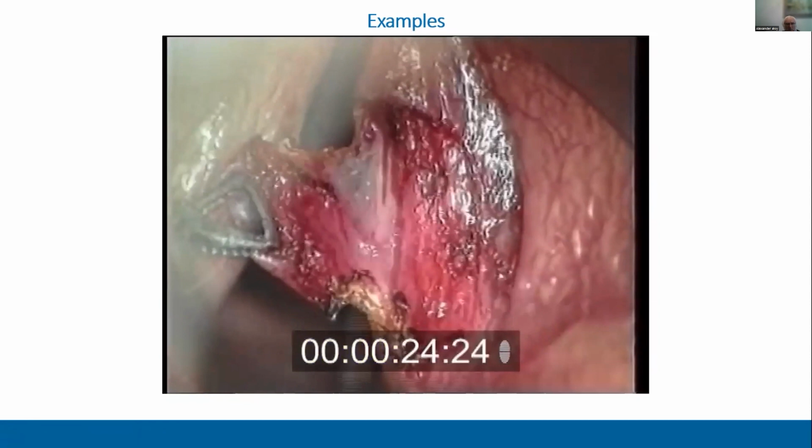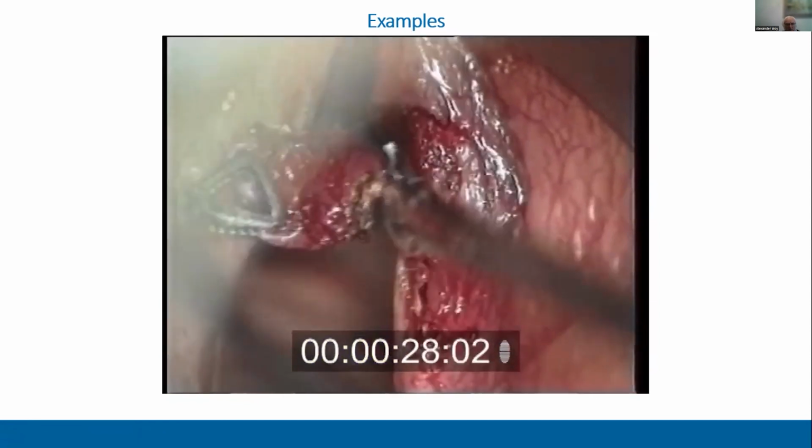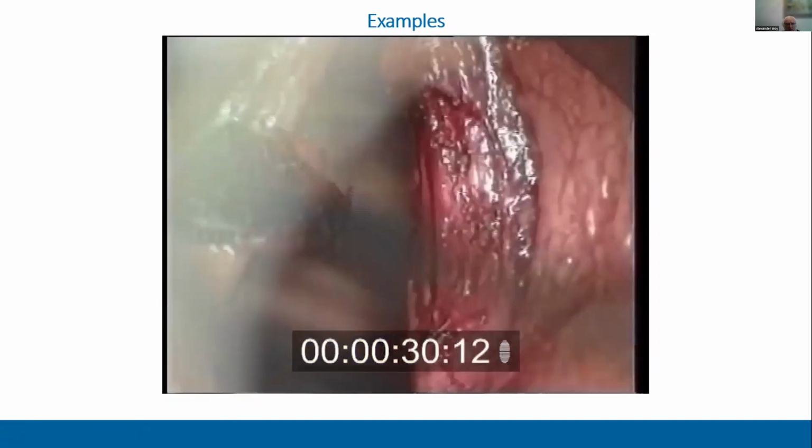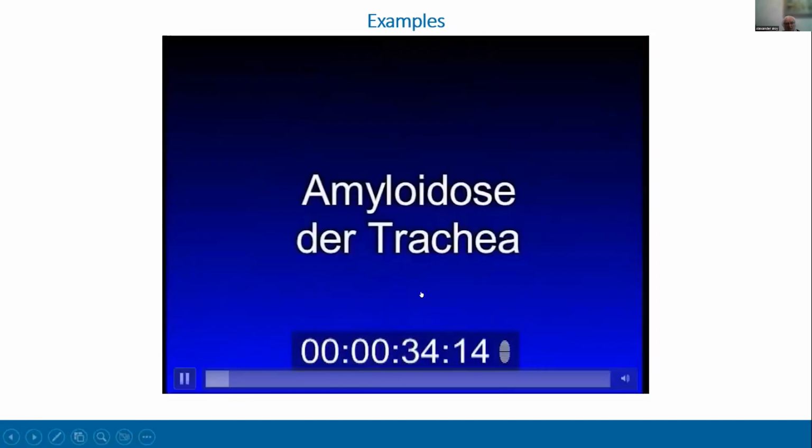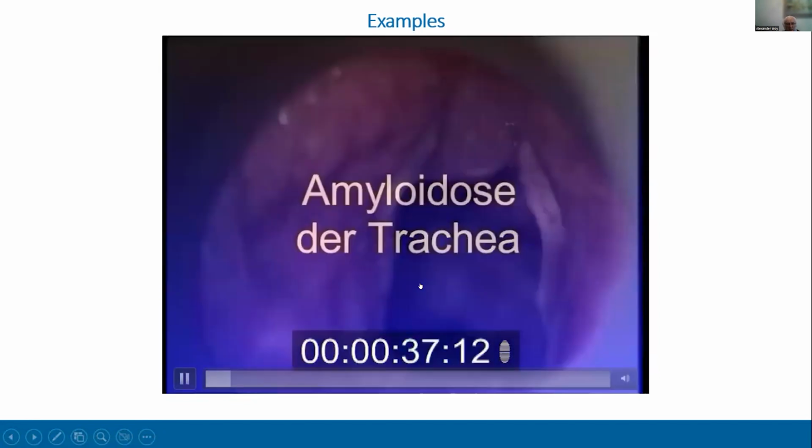And look, if we have a bleeding, the blood is not sprayed, yes? We have an optimal site, this amyloidosis of the trachea.